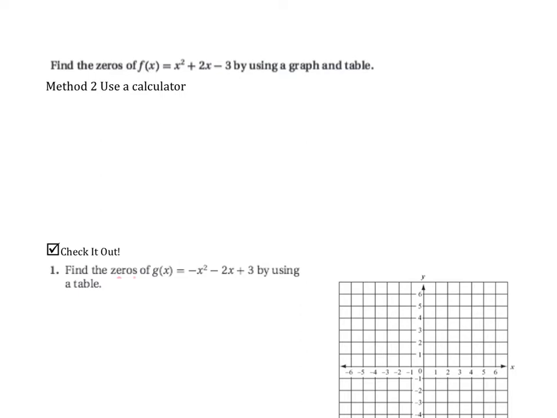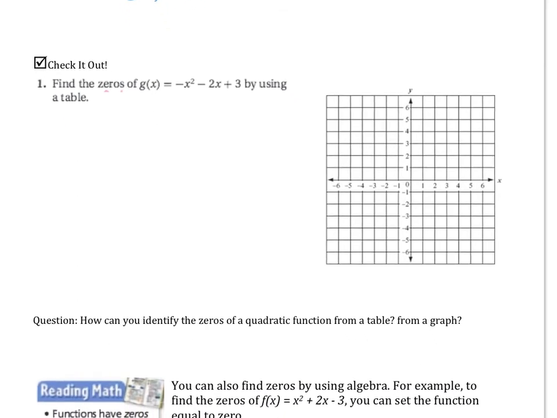Originally, when I did these notes, we used graphing calculators. Method 2 is just going to be Desmos. And you should get the same points, negative 3, 0 and 1, 0. So go ahead and try to check it out. And again, I would definitely make sure you know how to do it mathematically, and check using Desmos.